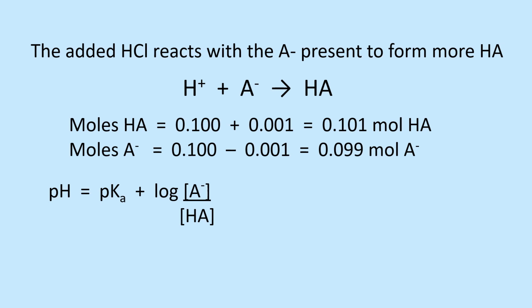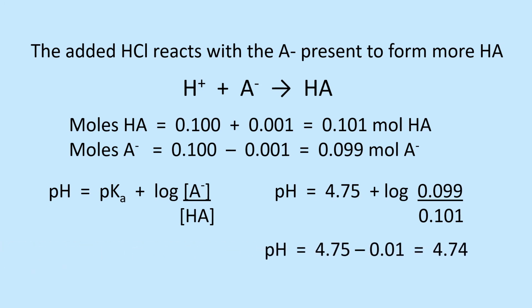So we'll use the Henderson-Hasselbalch equation to see how the pH has changed. And not surprisingly, you can see that the A minus to HA ratio has not changed very much, so our pH has not changed very much. Adding that 1 milliliter of acid, which made the water go, remember, from pH 7 to pH 3, when you add that same 1 milliliter of acid to our buffer, the pH goes from 4.75 to 4.74.